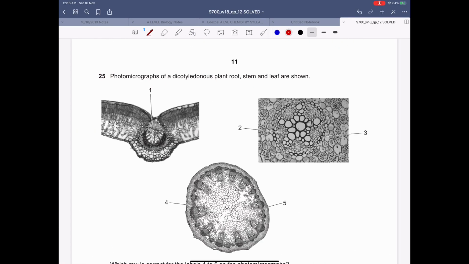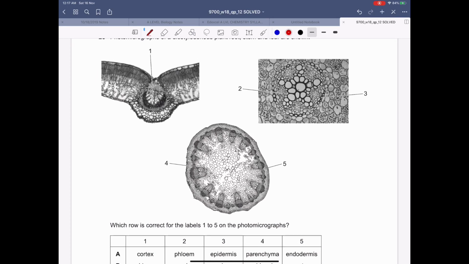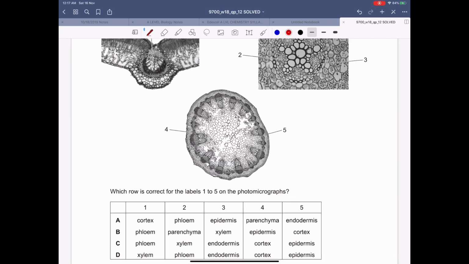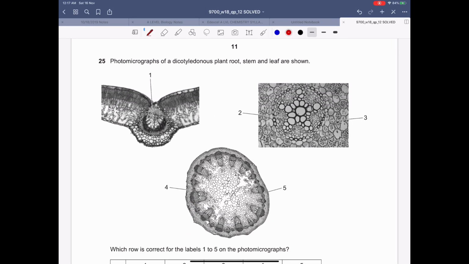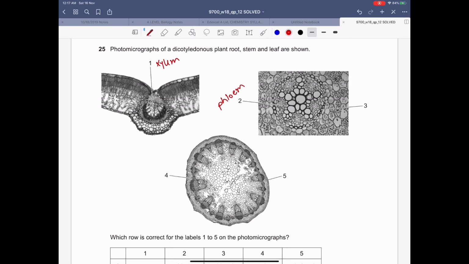So, question number 25. Photomicrographs of a dicotyledonous plant root, stem, and leaf are shown. Alright, let's name them beforehand, it would make life easier. Number 1 is xylem. Number 2 is phloem. Number 3 is endodermis.